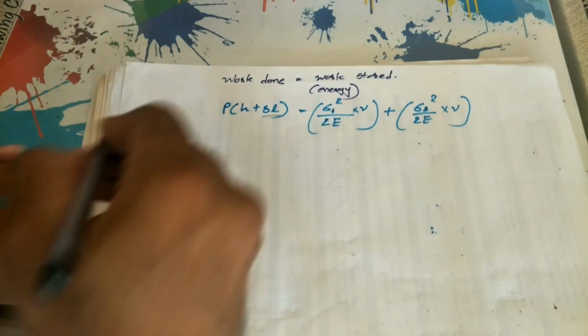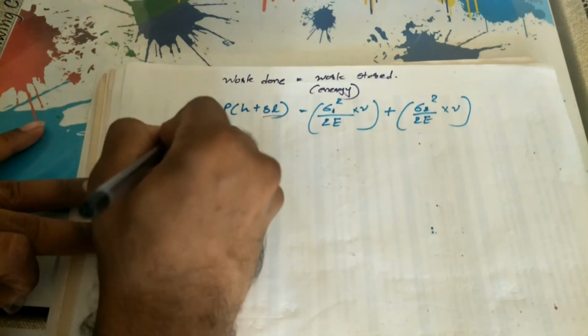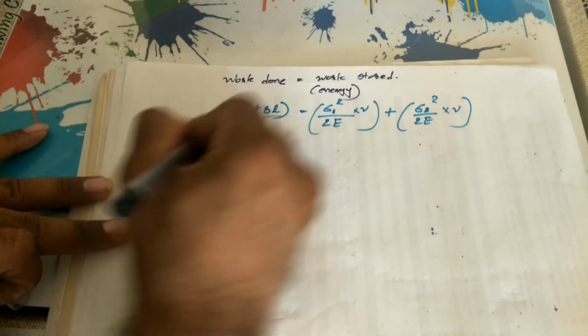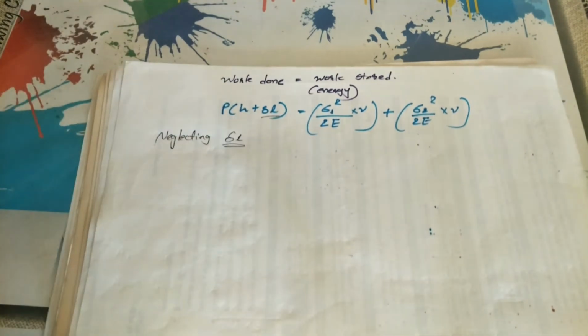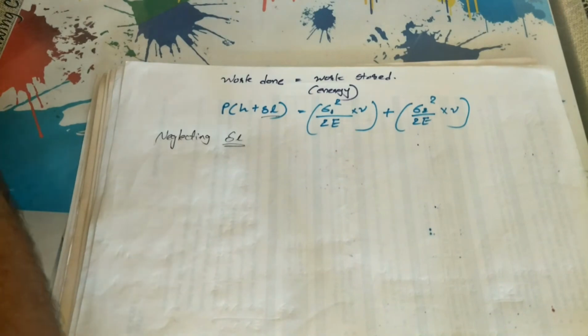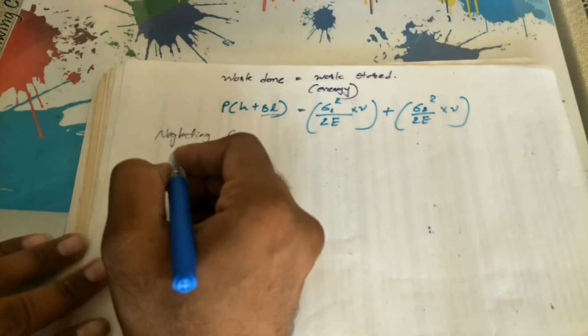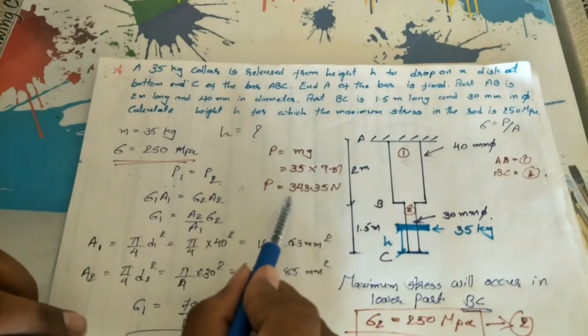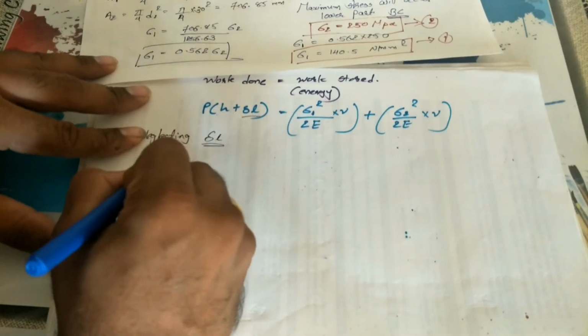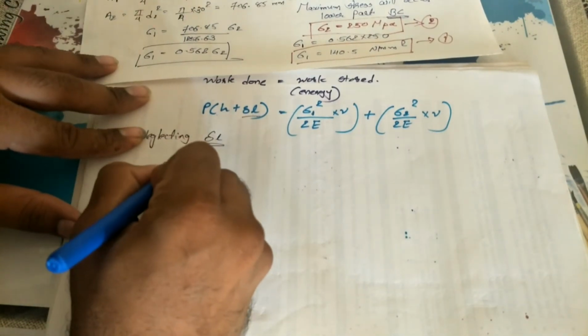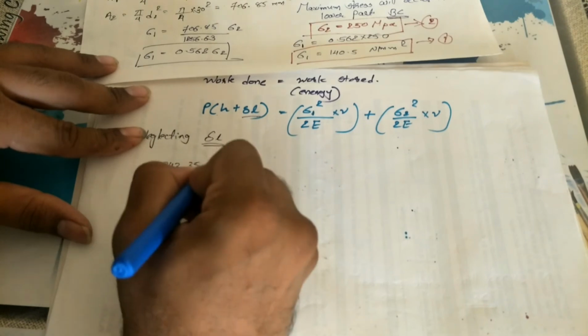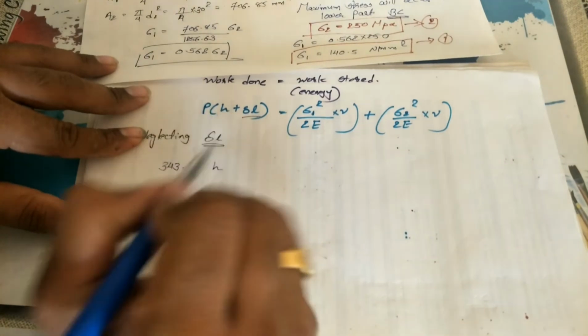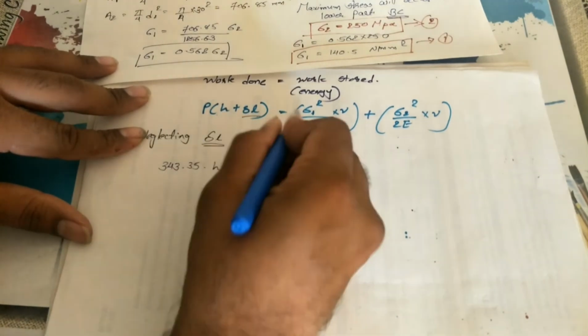Okay, so after neglecting delta L, if you put all the values, your P is 343.35 into H, which you need to calculate, is equal to sigma 1 square.